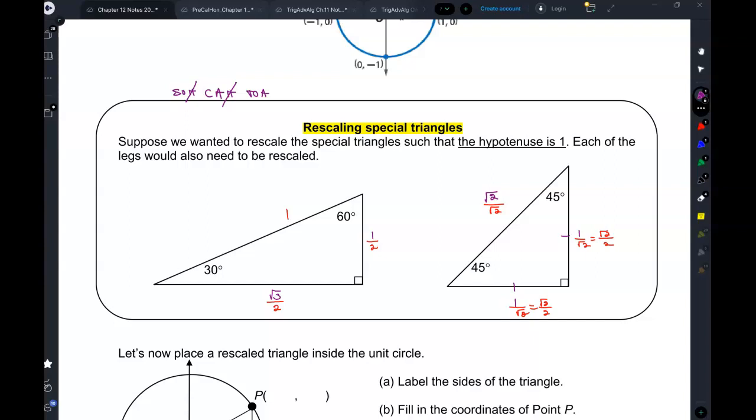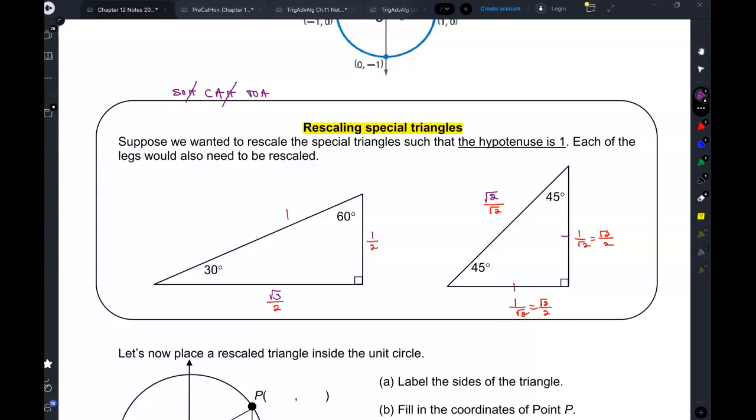Cosine is the adjacent side, done. And then tangent is just opposite over adjacent, right? So sine of 30 degrees is just the opposite. I don't need to divide by that 1 anymore. It's silly now, right? Cosine of 30 is just root 3 over 2. It becomes so much more efficient, okay?